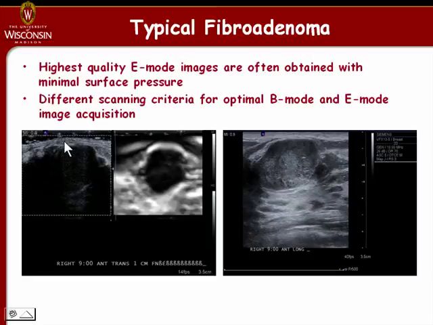The harder you press, the more the tissue flattens out, but you'll see in a few minutes that that can affect the tissue elasticity, and that might make it more difficult to obtain high-quality elasticity images. So keep in mind that the scanning conditions for normal B mode imaging and high-quality elasticity imaging might not be the same.